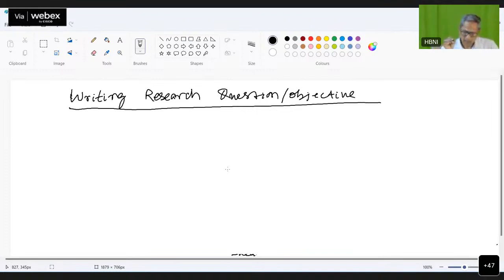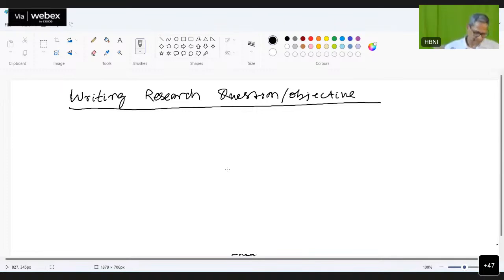Whatever your research result and research objective, that will come from your research question. Most of the time, researchers make a mistake. They can select a good topic, but they are not able to translate those ideas into good research questions or objectives.